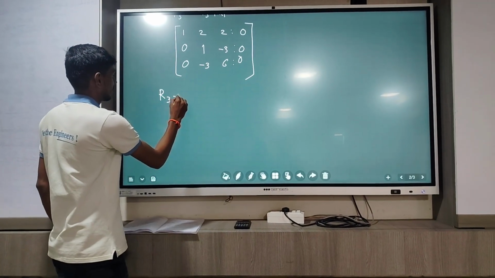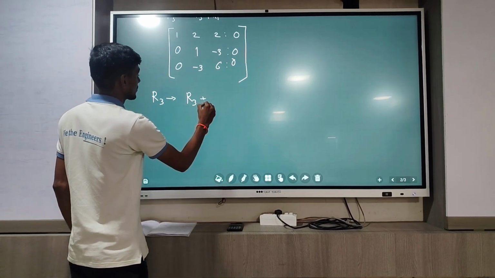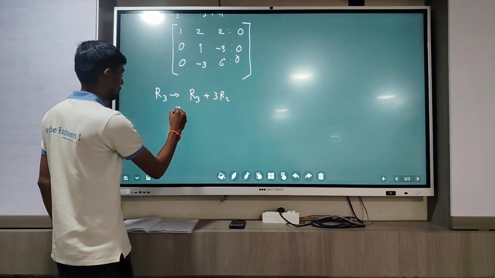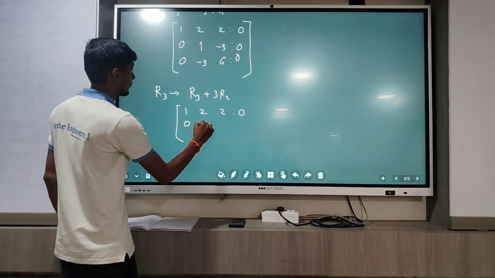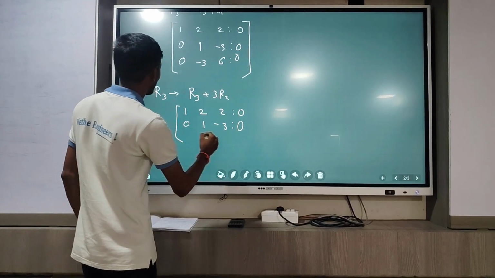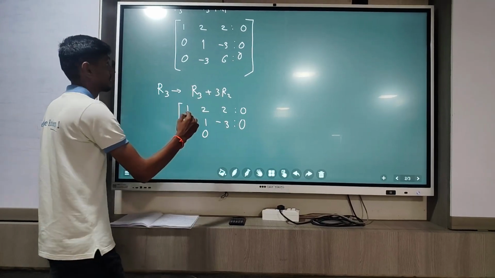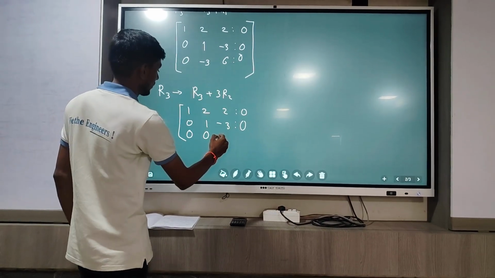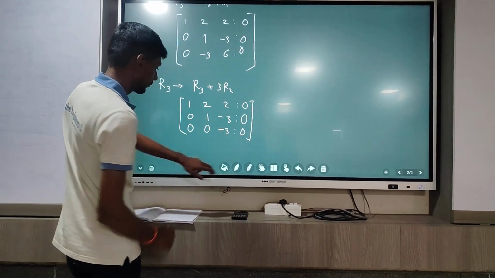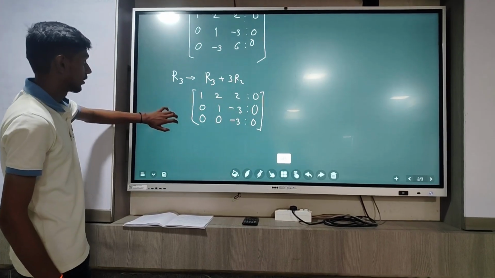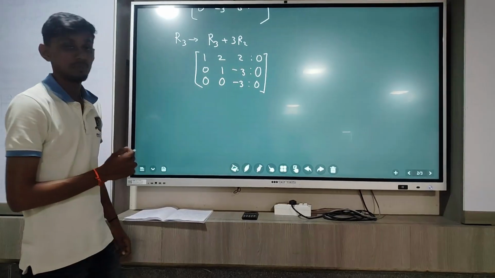We consider R3 plus 3 times R2, where the first two rows remain the same. We get 0 minus 0 is 0, minus 3 plus 3 is equal to 0, and 6 minus 9 is equal to minus 3. We find the echelon form of the matrix.